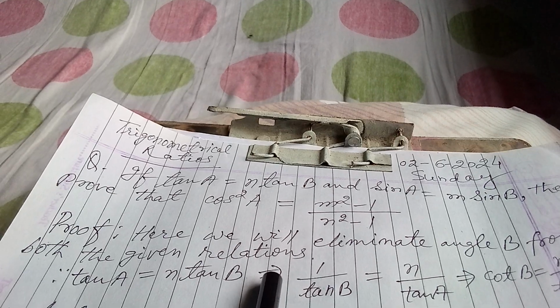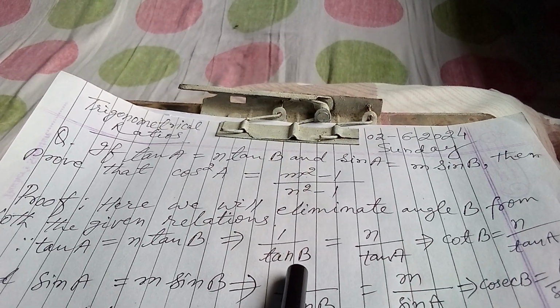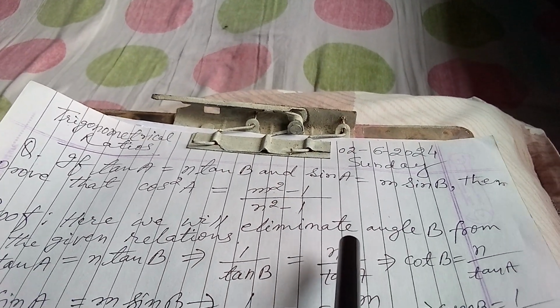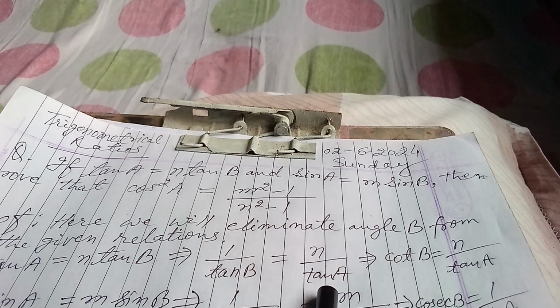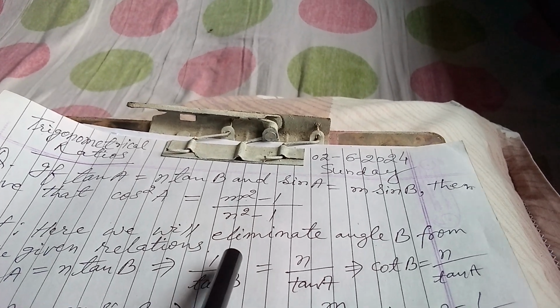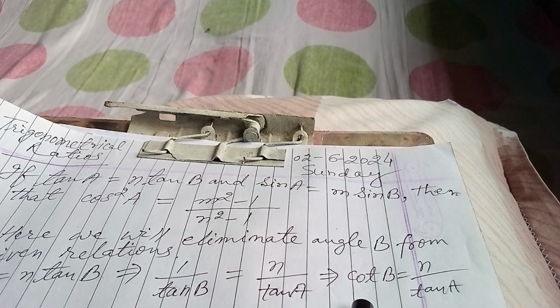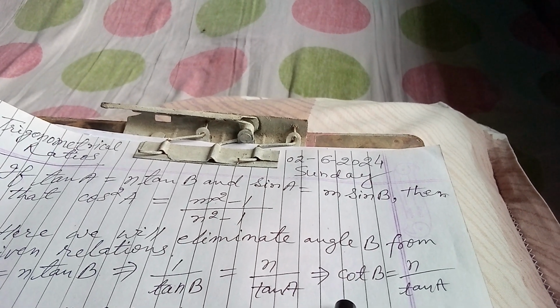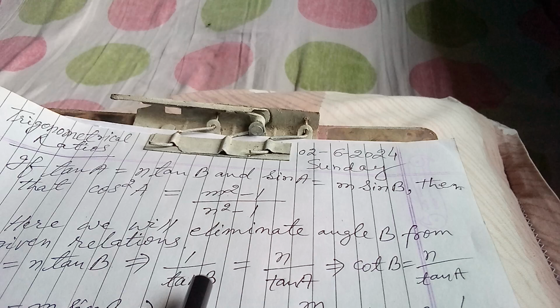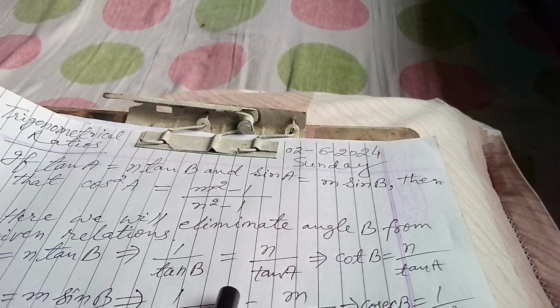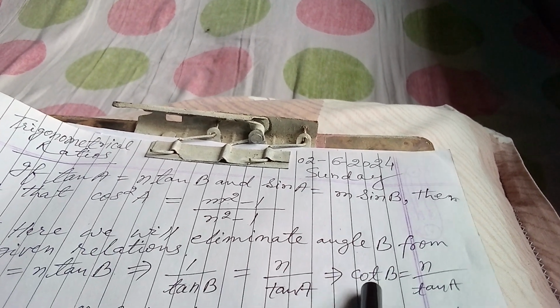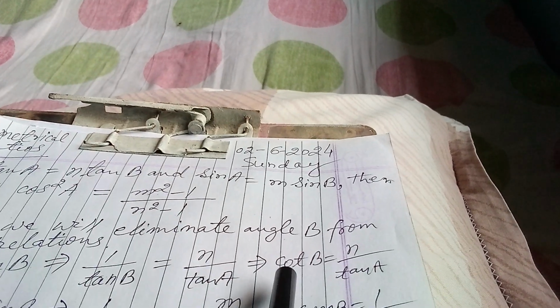So this is written as 1 by tan B equals n by tan A. And you know that 1 by tan B equals cot B, because tan B into cot B equals 1. That's why cot B equals 1 by tan B, and that equals n by tan A.